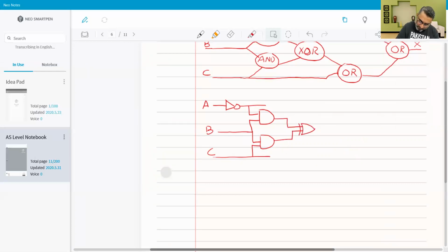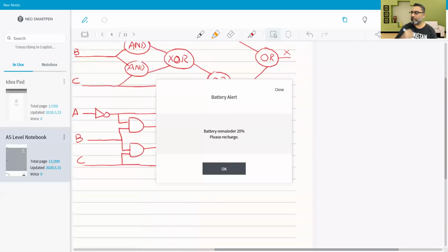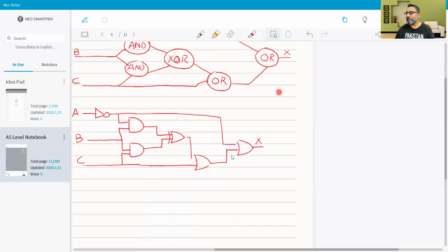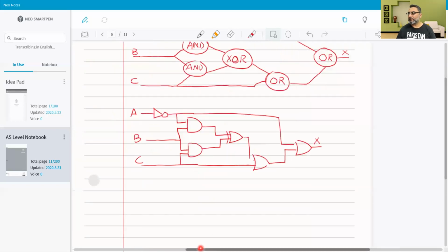And then we have got one OR. And then another OR. Now you can see this is the proper form of this circuit.